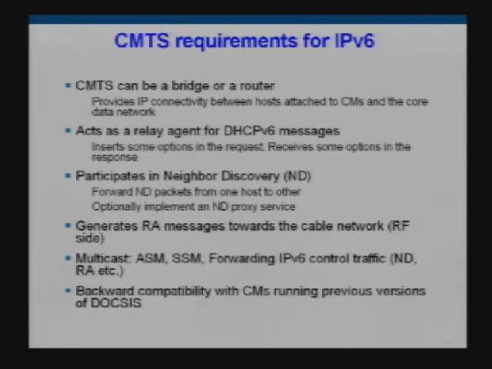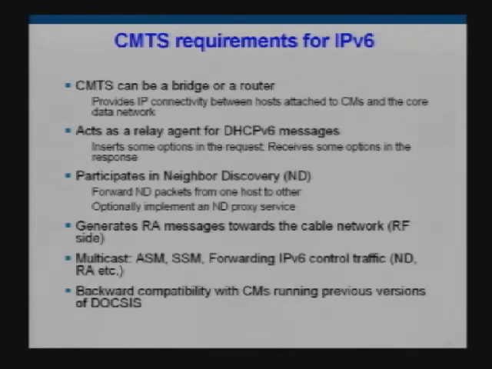So these are the requirements for the CMTS when it comes to support for IPv6. The CMTS can be a bridge or router, and it has to act as a relay agent for DHCPv6 messages, the same as the IPv4 implementation, and it participates in network discovery.